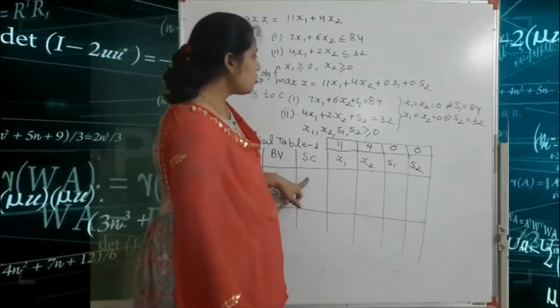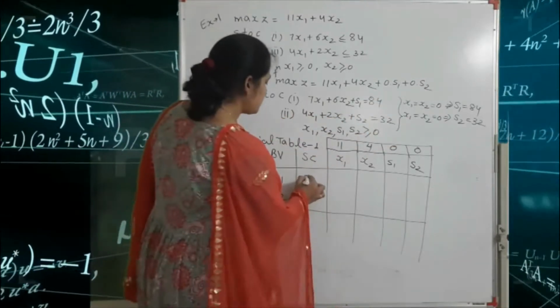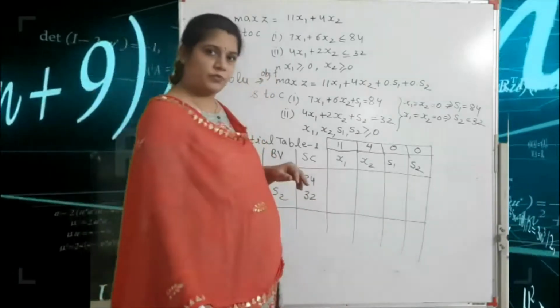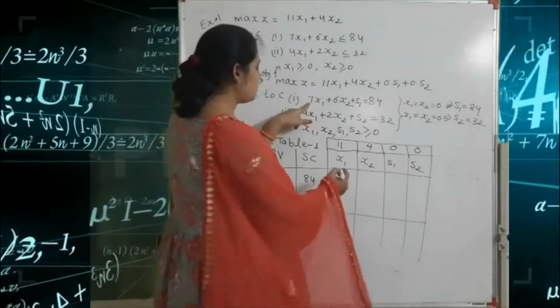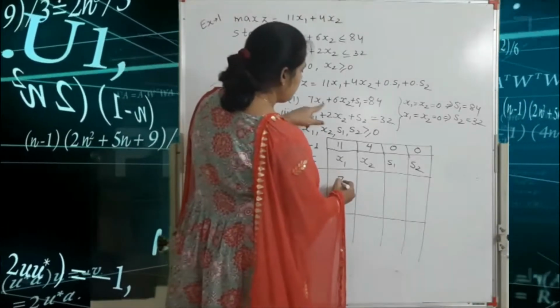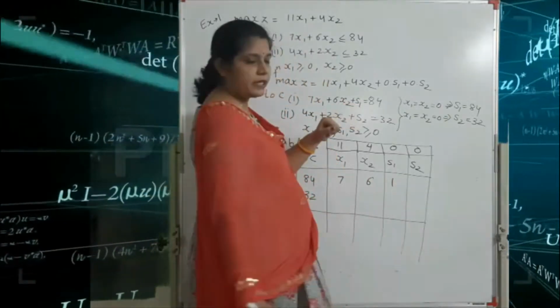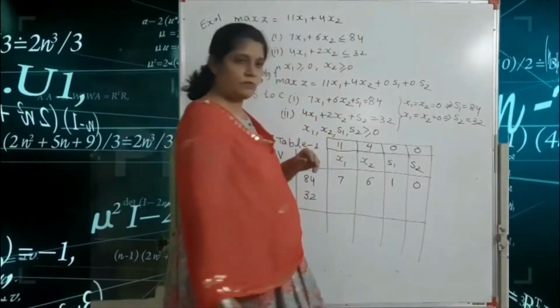Okay, solution constant. This is the solution constant. In the first equation it is 84 and the second equation is 32. Next one is x1, x2. The value of the x1 coefficient is 7, the x2 coefficient is 6, and the s1 coefficient is 1. But s2 is not here, so we write 0.